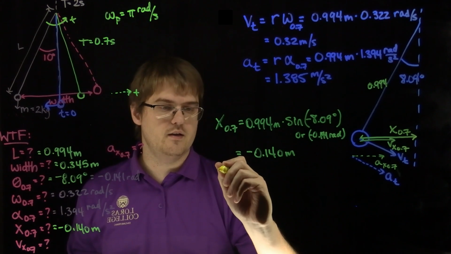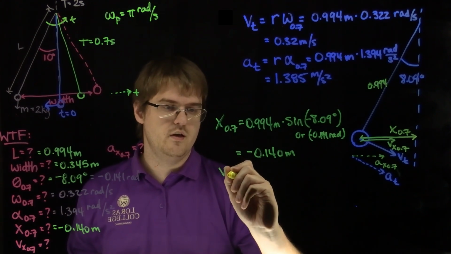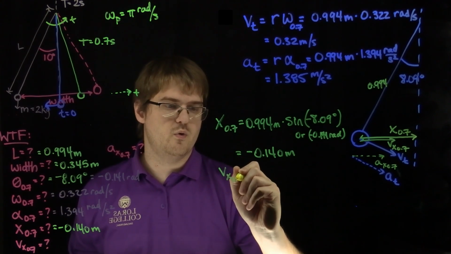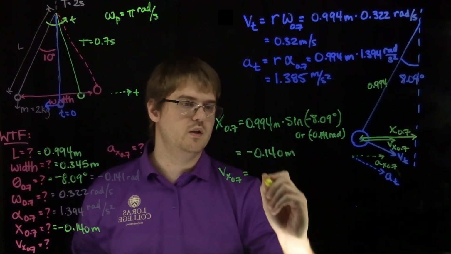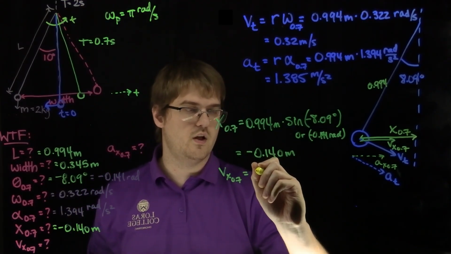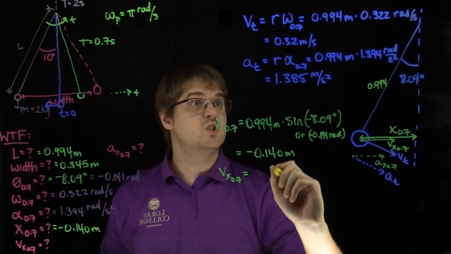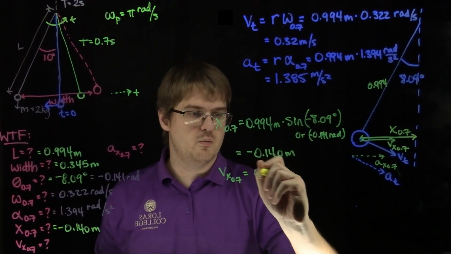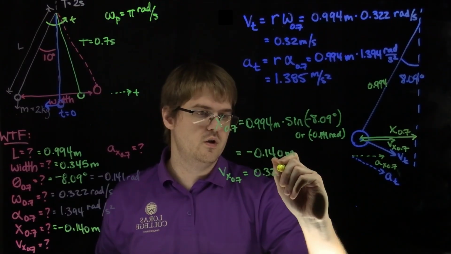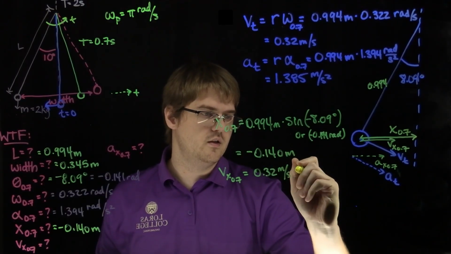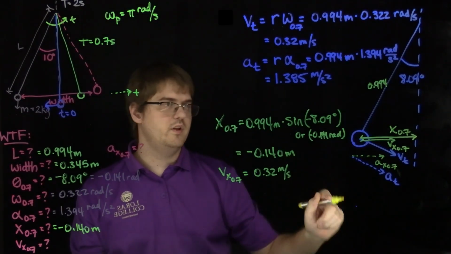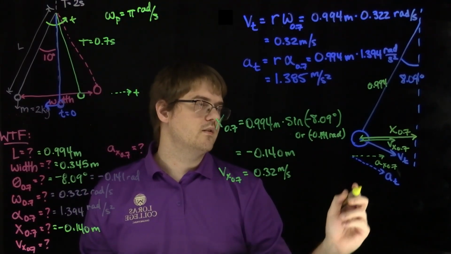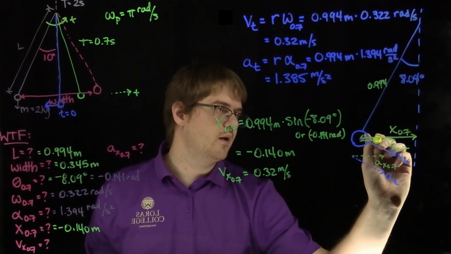Same exact idea. We have our velocity in the x at 0.7 seconds is going to be equal to our total velocity, which was 0.32 meters per second. And in this case, when we pull these over, we want the x portion, and our angle is going to end up being right here.